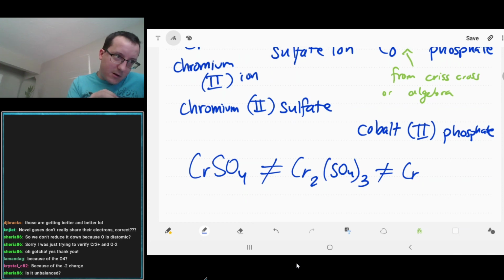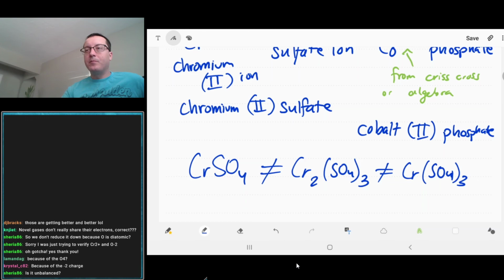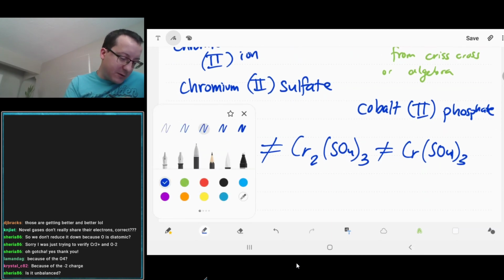Let's see if I want to make this one. We'll see that all of these are different compounds. And so they have to have different names. And so since we are out of time, I'll just go ahead and write them.